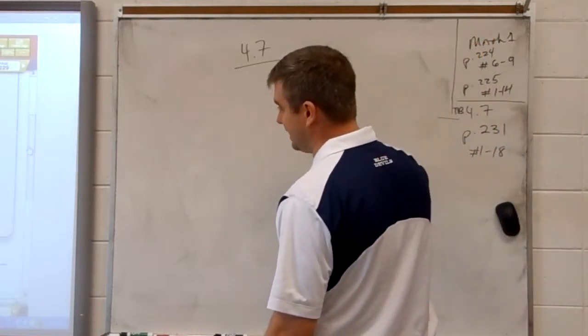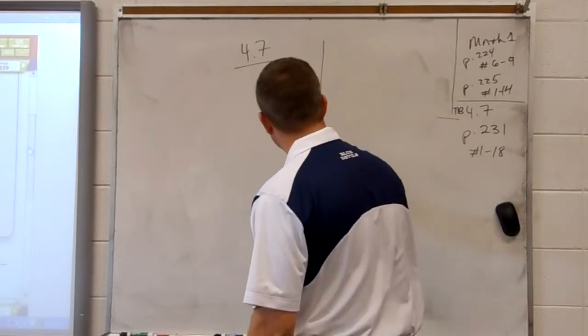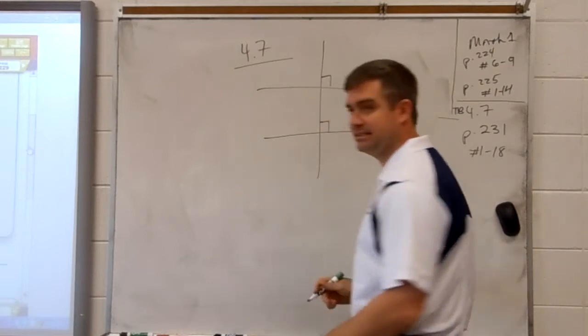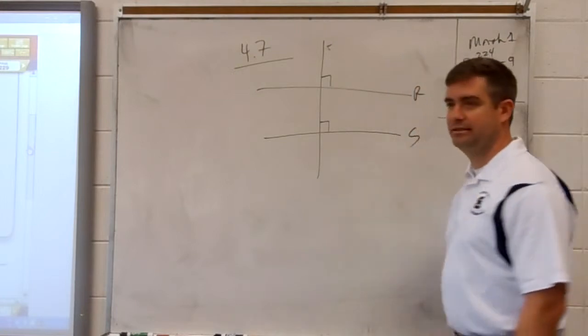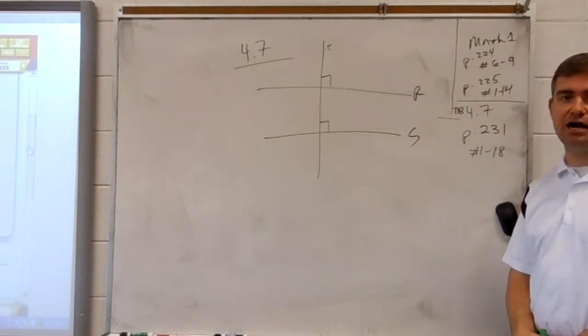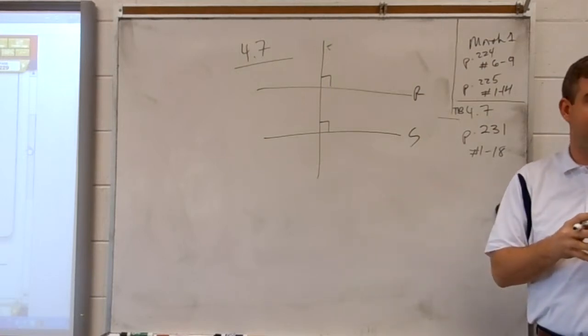If, in a plane, two lines are perpendicular to the same line, all right, two lines are perpendicular. So here's your transversal, here's R and S. If T is perpendicular to R and S, then what is your conclusion about those two lines?